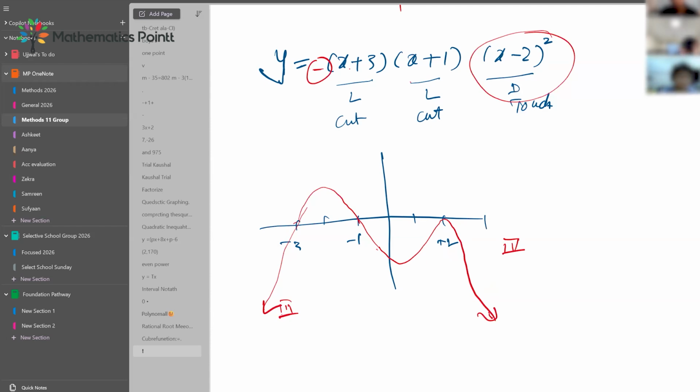So if there's a negative in front, that means the second, third, and fourth quadrant. If this was positive, that means no negative, then you would have said cut, turn back, another cut, touch and go. So if it's positive, it just goes to quadrants 1 and 2. If it is negative, it goes to 3 and 4. Simple.